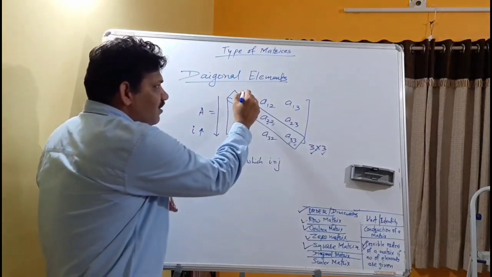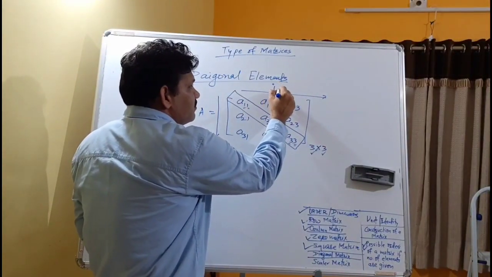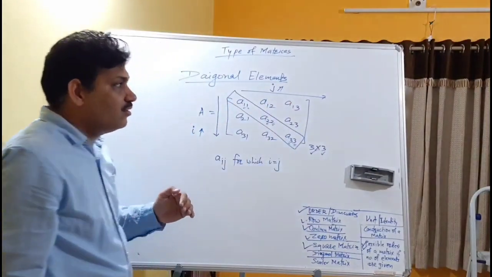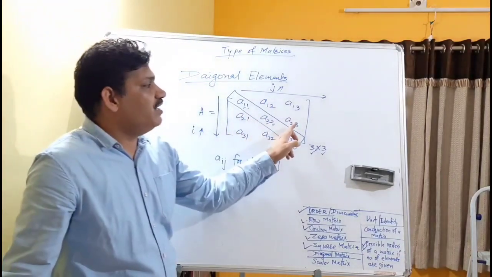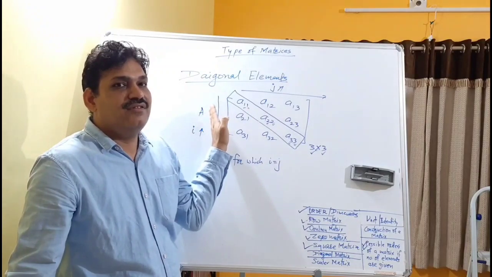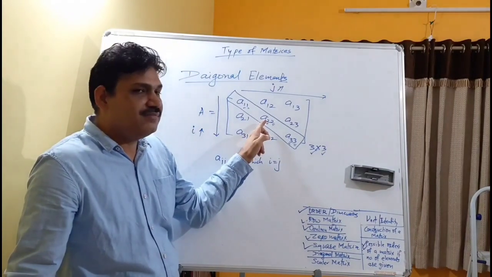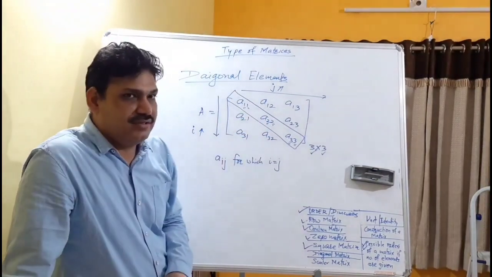And when you go from left to right, j increases. See, the column index is increasing. The row index is same. So, suppose you are at the diagonal. If you are moving right, j increases. If you are moving left, j decreases. If you go down, i increases.